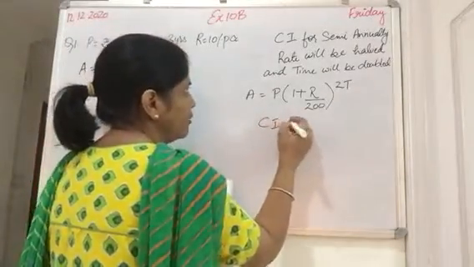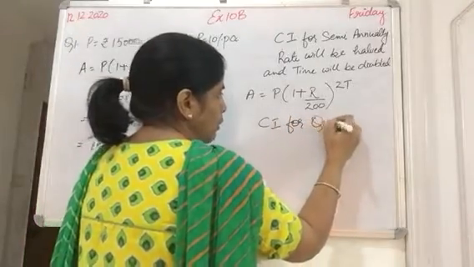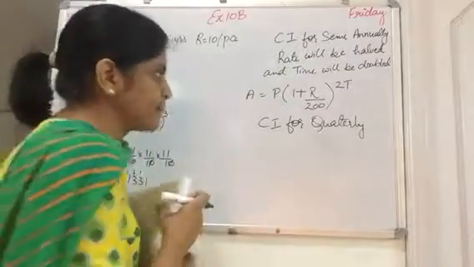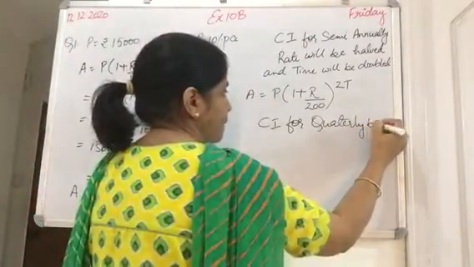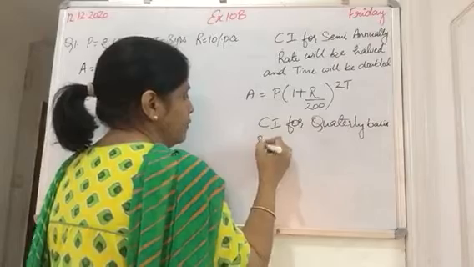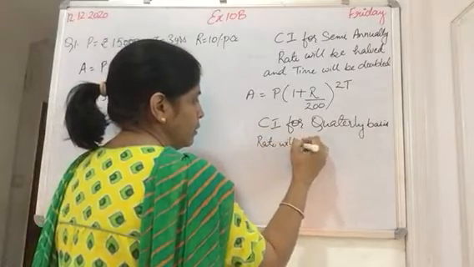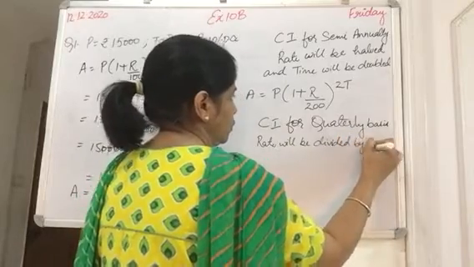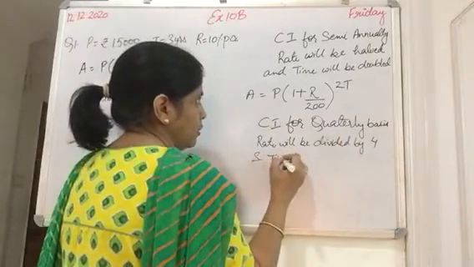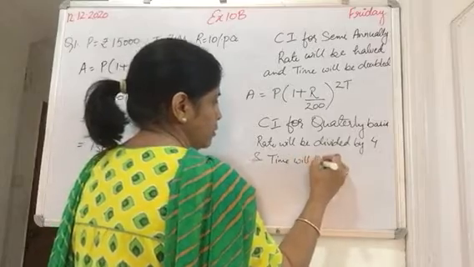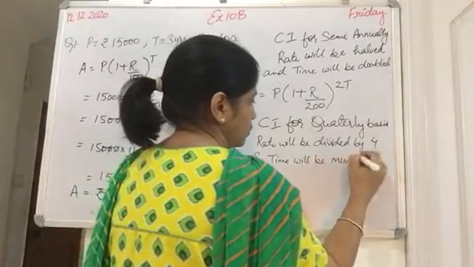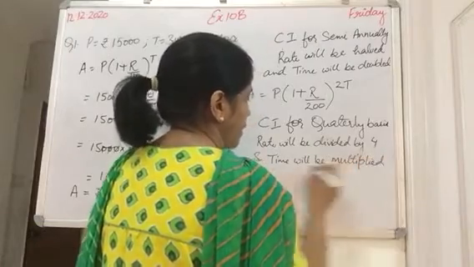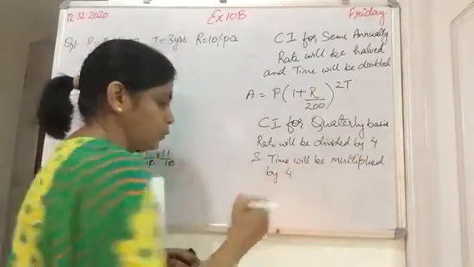Now compound interest for quarterly basis. In quarterly basis, the rate will be divided by 4 and time will be multiplied by 4.